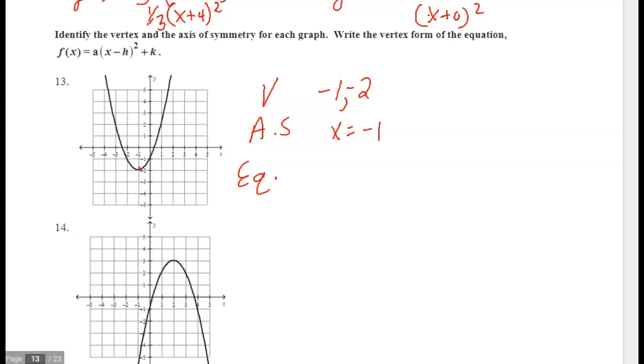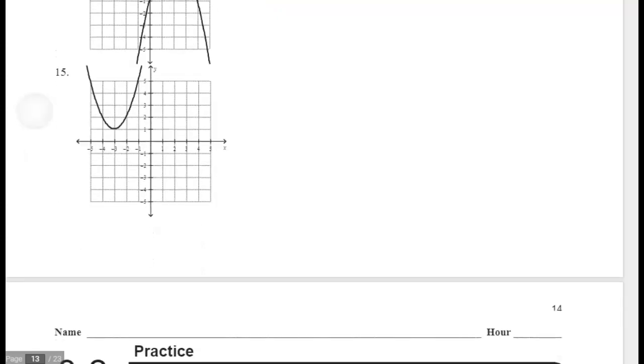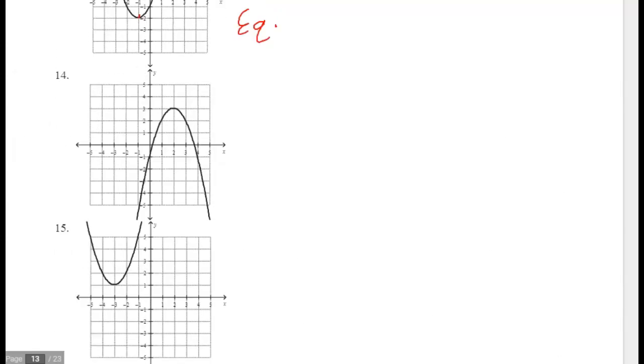And written as an equation, this is where it would be a little bit tricky when you get into the stretches and compressions, but we'll try to make them easy. And in this case, there was none, because you can see it goes up by 1.